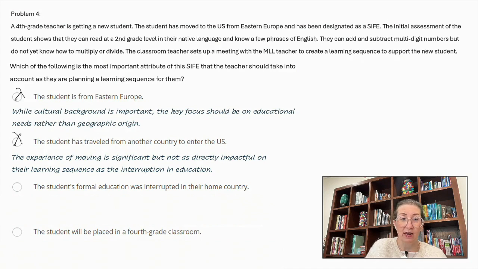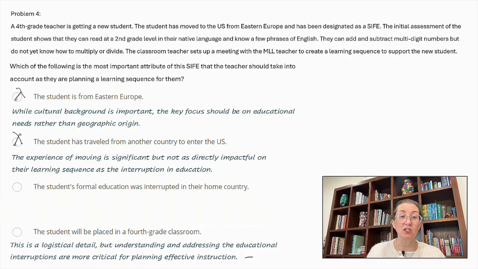So that is incorrect as well. To the bottom now. The student will be placed in a 4th grade classroom. This is a logistical detail, but understanding and addressing the educational interruptions are more critical for planning effective instruction. So we can cross that out as well.